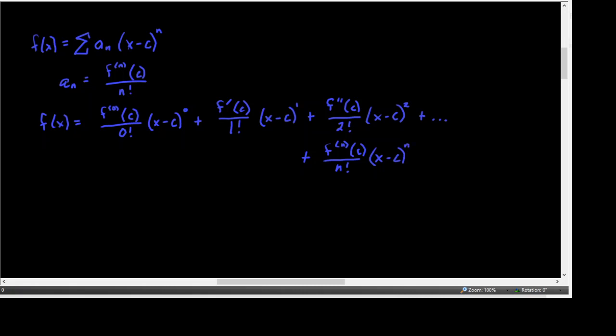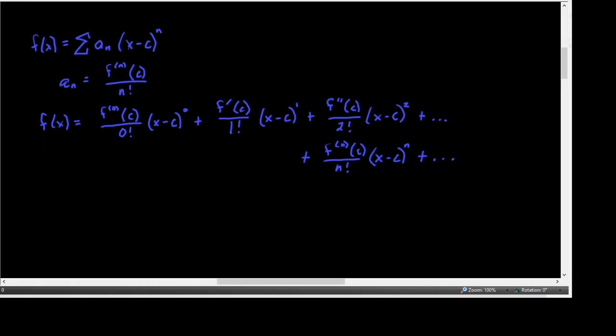And this is where it becomes different from the polynomial of degree n. This continues forever and ever, making it an infinite series. So that plus dot dot dot at the end is the thing that makes this a lot different from what we've seen before. So these are precisely the same coefficients of the Taylor polynomials for f at c.